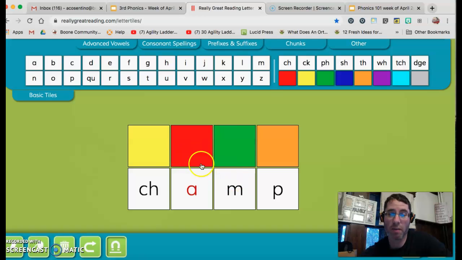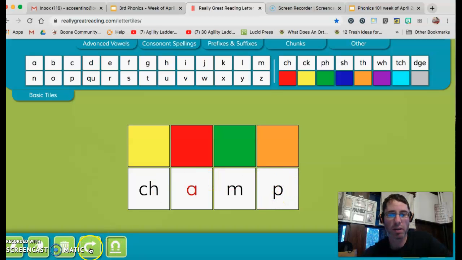The other kind of bonus pattern here is we also have a blend at the end. I see that there are two color tiles that come after our vowel tile, and I can see that it's mp, mp, mp. So they both retain their own sound. So this is what we call a two-sound blend, except it happens at the end of a word.